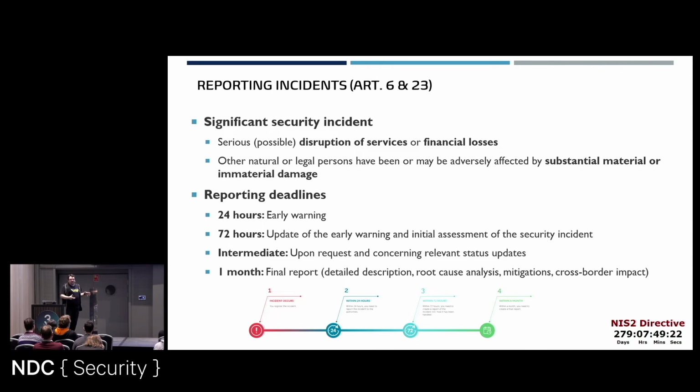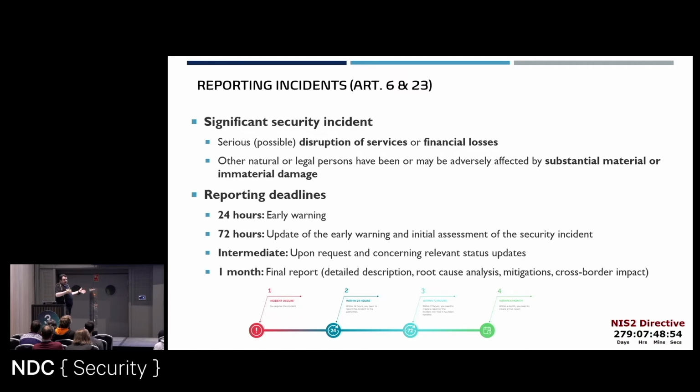Any sort of disruption that might cause problems for the general population will fall under that title of significant security incident, which is other natural legal persons that might have been or might be affected adversely by what's called substantial material or immaterial damage. So there's no clear guideline as to what that means.